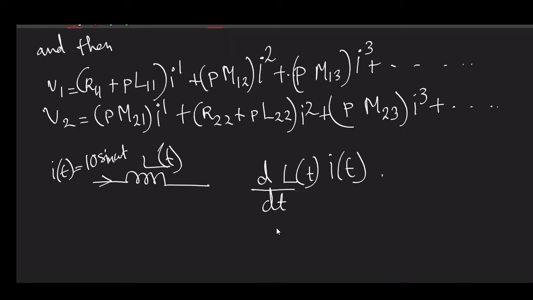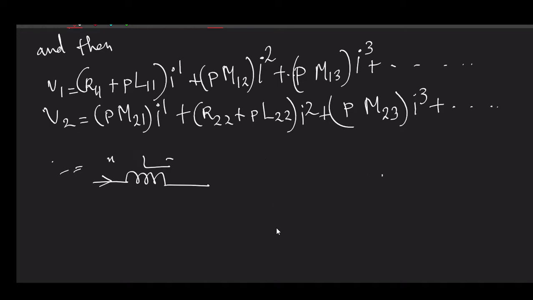Although you are writing it like P L(t) i(t), when this P acts on it, it will become L(t) di(t)/dt plus i(t) dL(t)/dt. In that way it will work. So here you have this one.